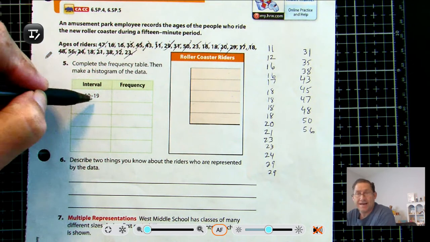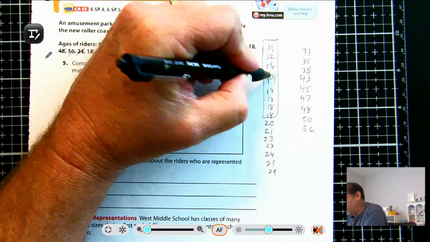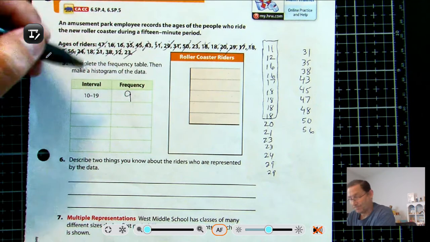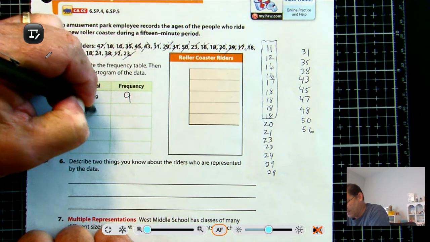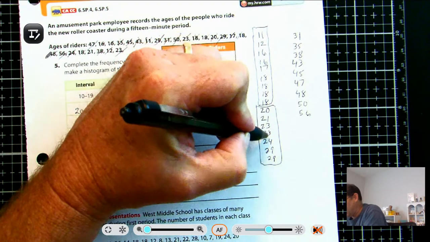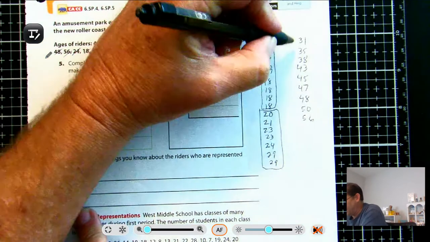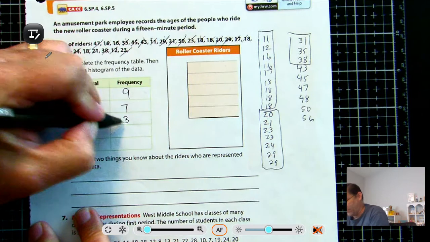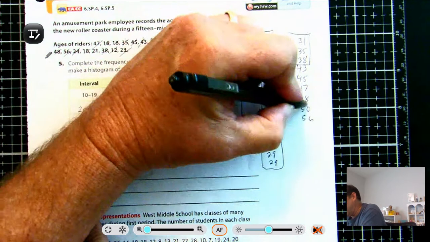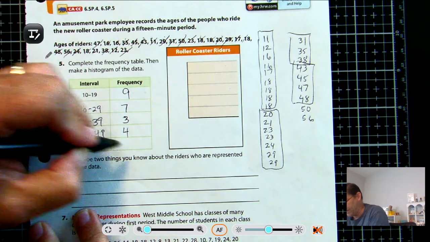And so our first interval, 10 to 19: 2, 4, 6, 8, 9. 20 to 29, 7. 30 to 39, 3. 40 to 49, 4. And 50 to 59, only 2.